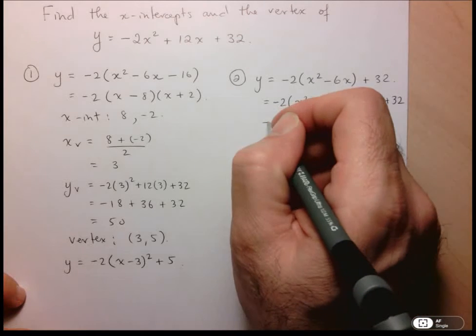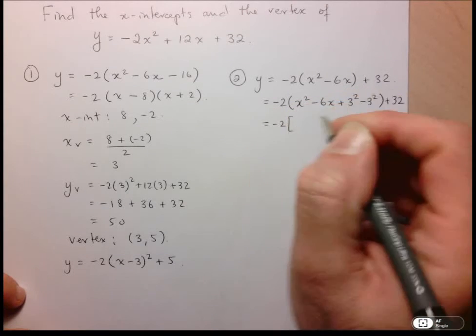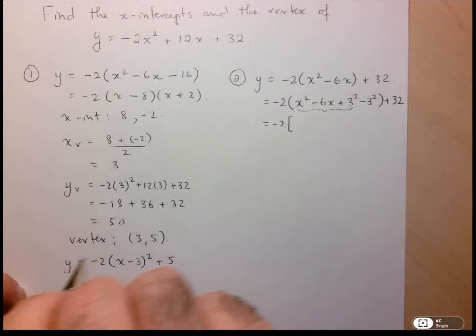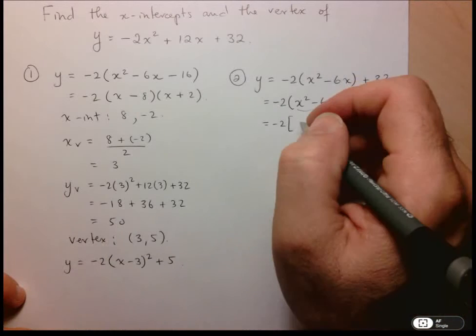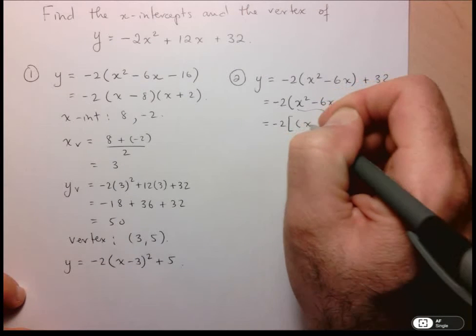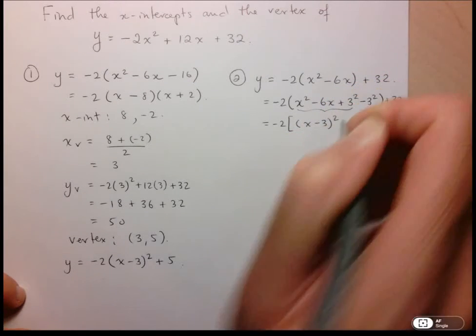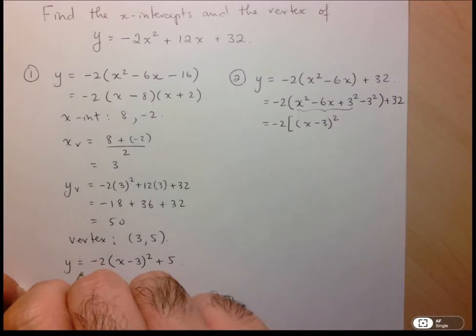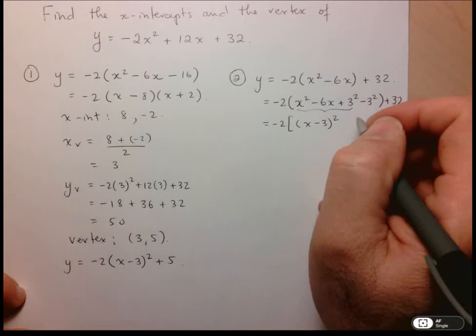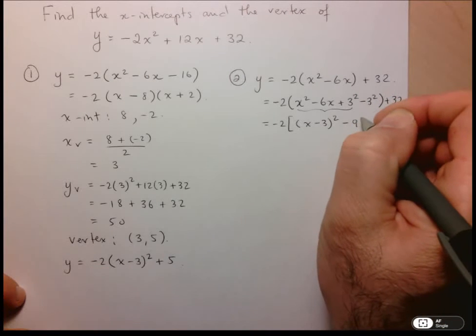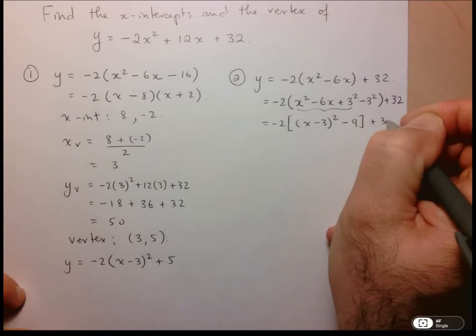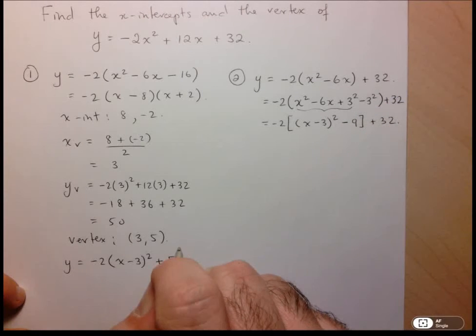And of course the reason why we do this is because these first three terms give us our perfect square. So this is the same as x minus 3 squared, which we need for our vertex form. And then of course we still have the minus 9. The last thing we have to do is clean things up to get it in vertex form.